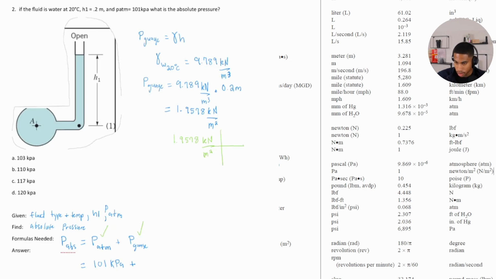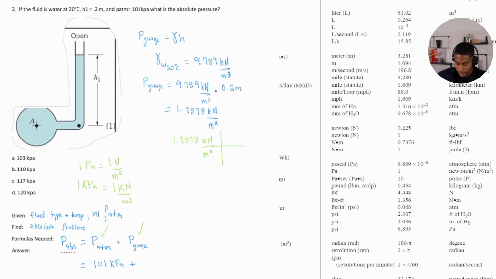If I want it to be in pascals, I know that 1 Pascal equals 1 Newton over meters squared, and therefore 1 kPa is equal to 1 kilonewton per meter squared.